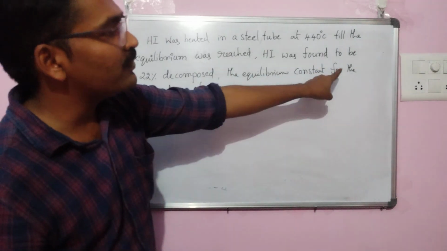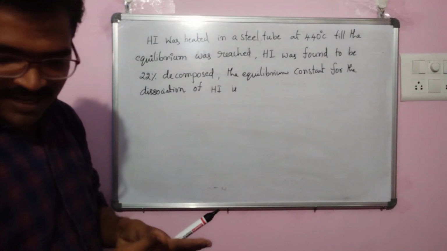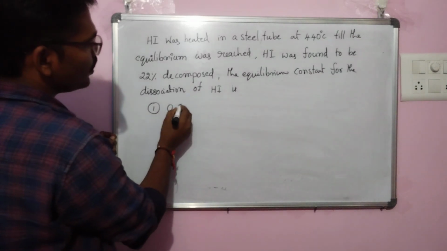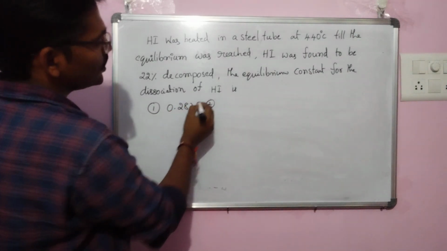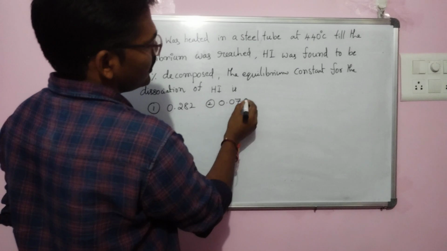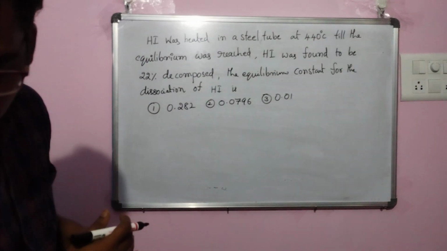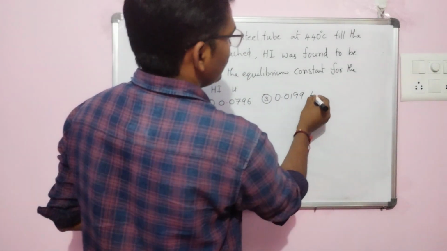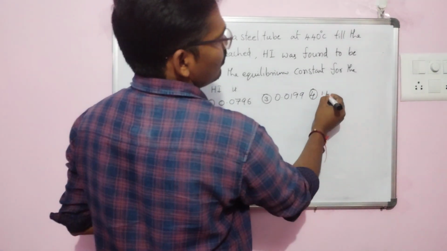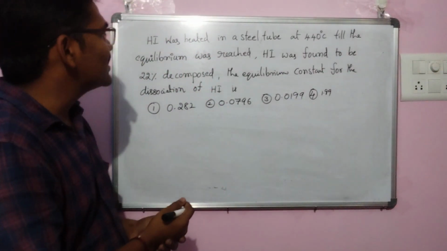The equilibrium constant for the dissociation of HI is asked. The options are: option 1, 0.282; option 2, 0.0796; option 3, 0.0199; and the fourth option is 1.99.